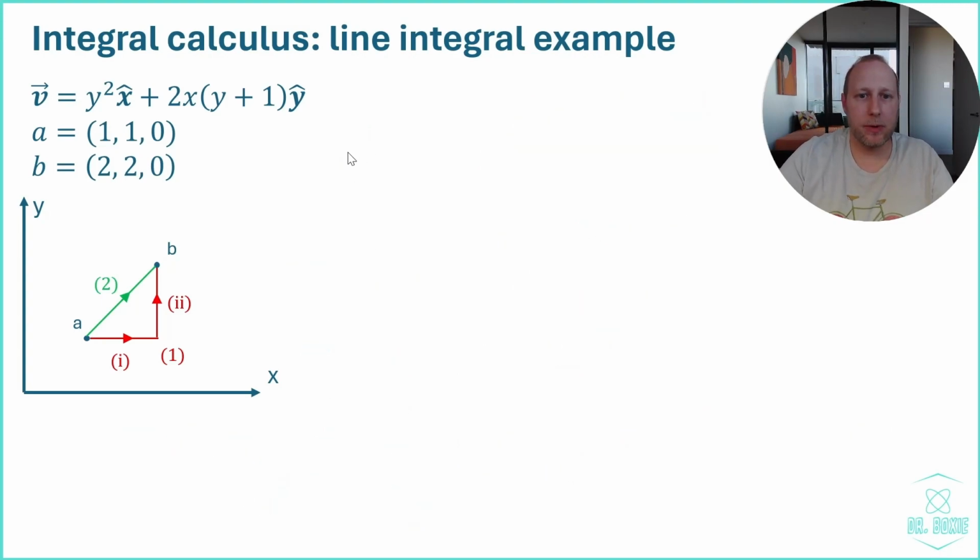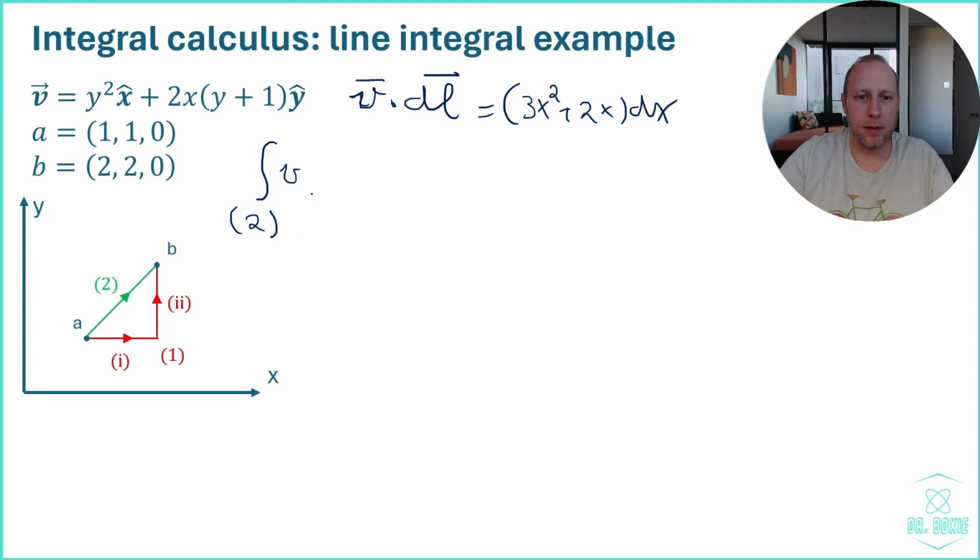So we just found that v dot dl was 3x squared plus 2x dx, and so the integral along path 2 of v dot dl is equal to the integral of 3x squared plus 2x dx, where x ranges from 1 to 2.